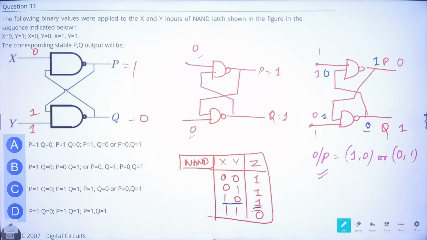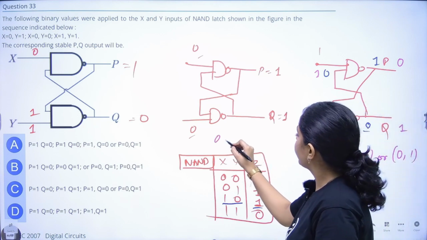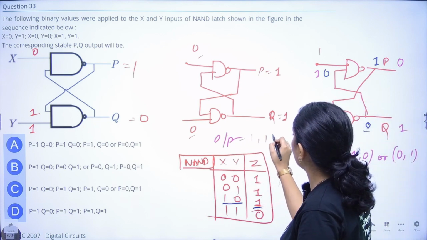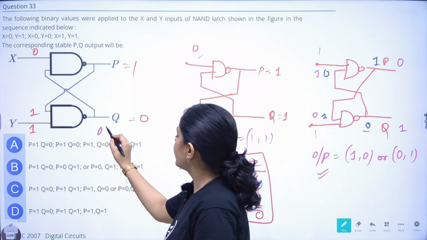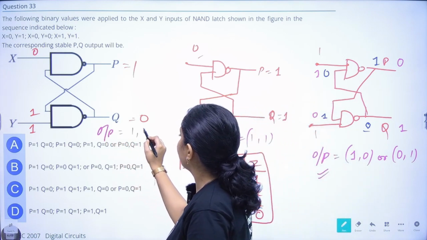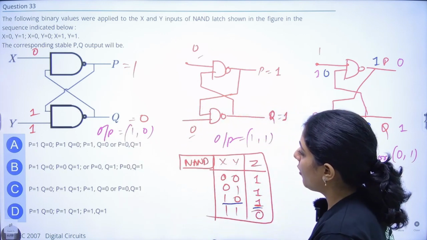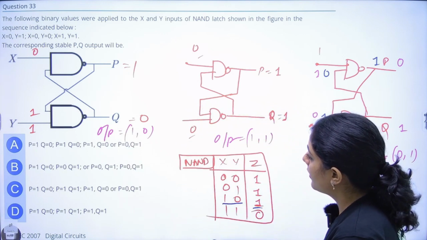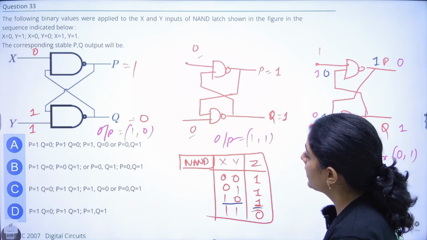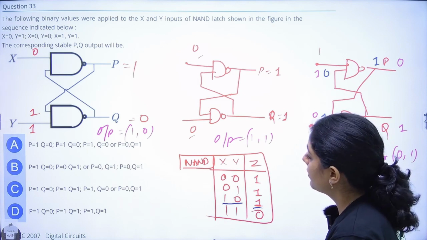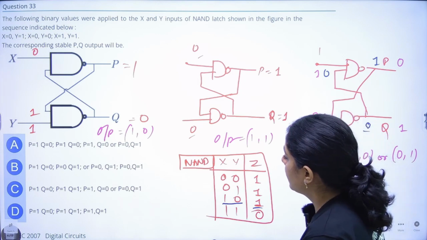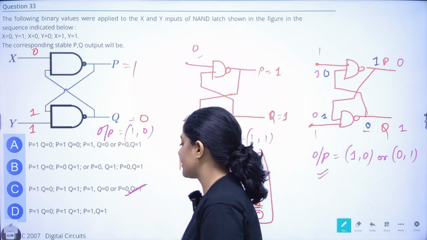Here output is 1 and 1 and here output is 1 and 0 fixed. So you can match the option. This is the correct option, right?